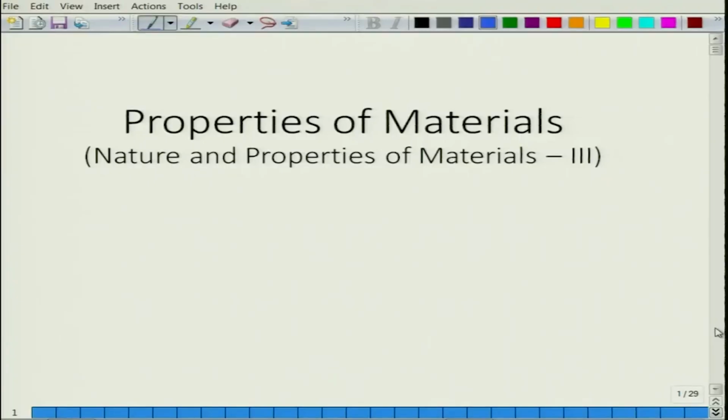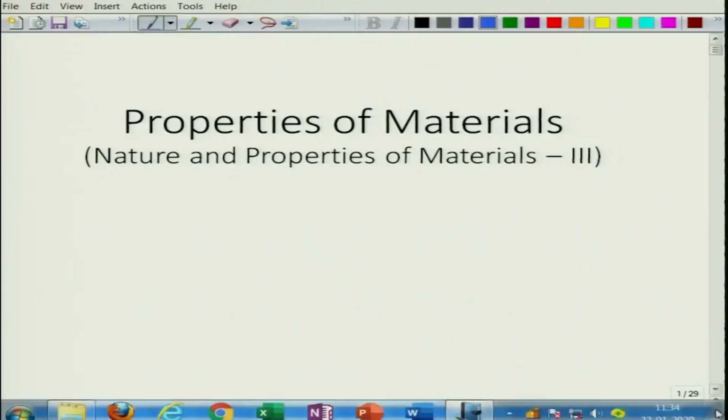So welcome again to the new lecture of the course Properties of Materials. Let's just briefly first see what we did in the last class.